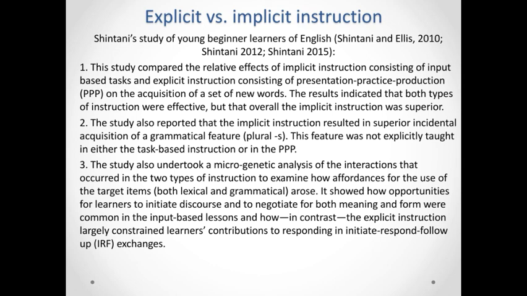It shows how opportunities for learners to initiate discourse and to negotiate for both meaning and form were common in the input-based lesson, and how in contrast the explicit instruction largely constrained learners' contribution to responding in initiate, respond, follow-up exchanges.